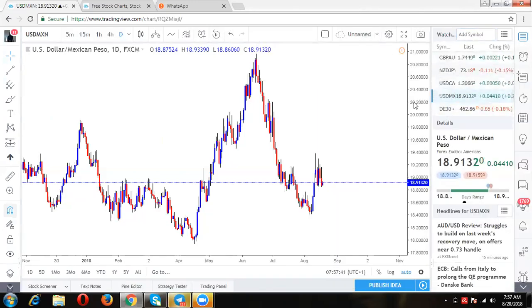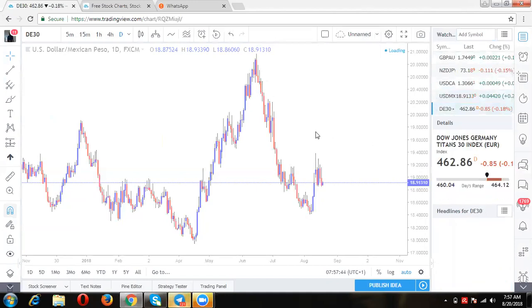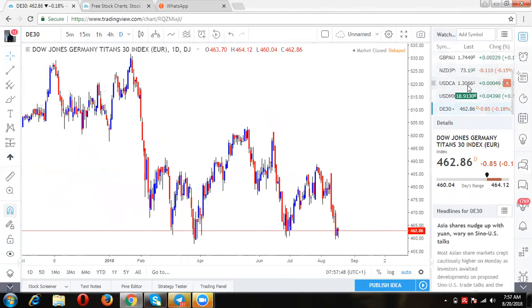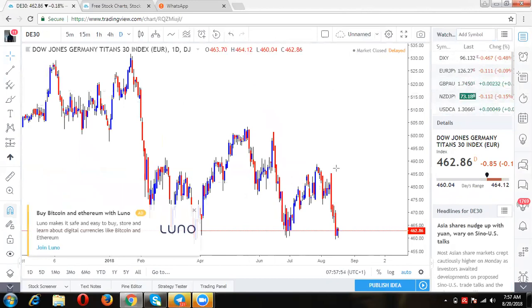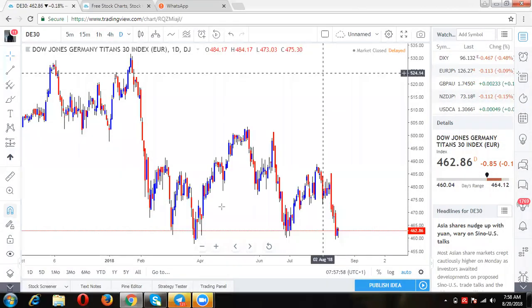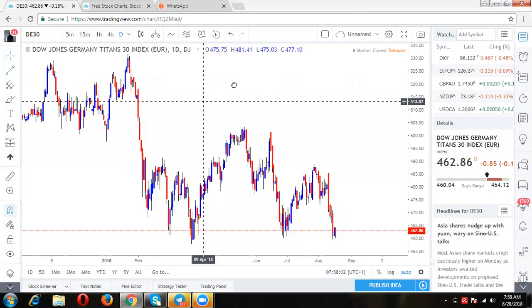What this pair is, is a German index. Now you don't need to trade too many pairs. For now, this week I'm looking at just two pairs: NZD and NG. So those are the pairs I'm looking out for.